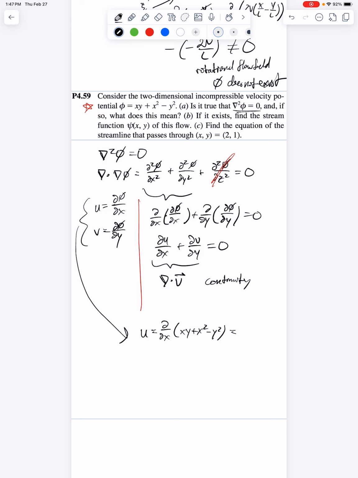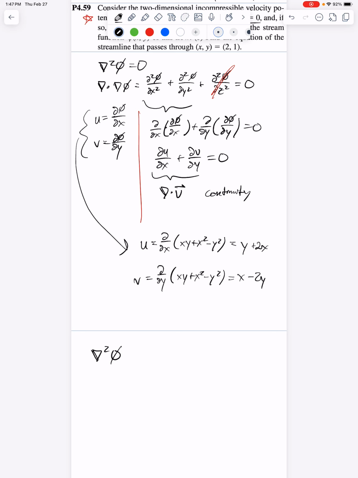X derivative of xy gives me y. X derivative of x squared is 2x. X derivative of y squared is 0. And v is the y derivative of phi. Y derivative of xy is x. Y derivative of x squared is 0. Y derivative of negative y squared is negative 2y. So we have our u and v components.